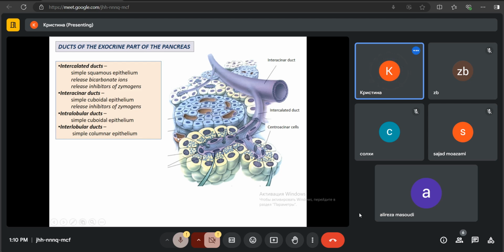So only the height of the cells increases, not the number of layers. The number of layers is always 1, because all the glands which derive from endoderm have always only 1 layer of cells. They are always simple, without any myoepithelial cells.